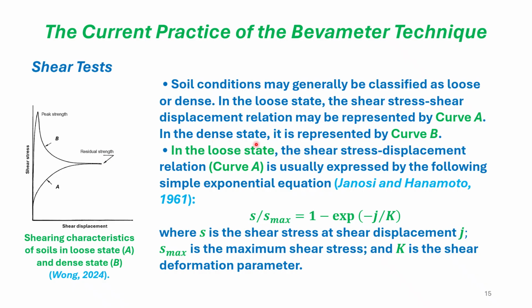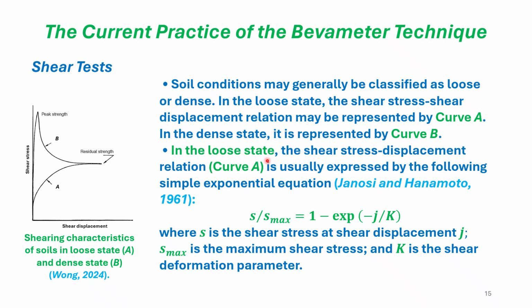In the dense state, it is represented by curve B. In this case, the shear stress initially increases rapidly. It reaches a peak value, and afterwards it decreases and approaches a residual value.